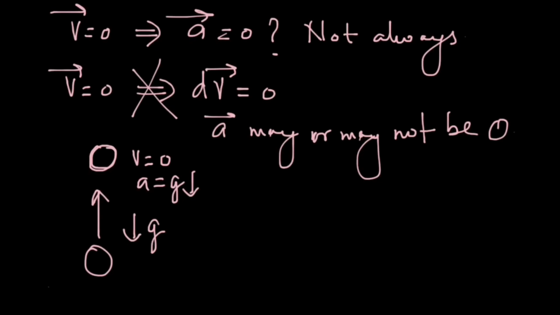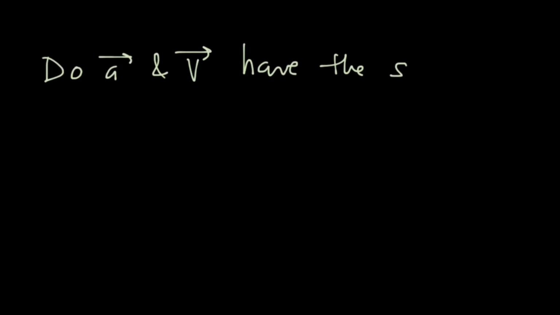What are the other questions that we can ask with this equation in mind? We can ask, do acceleration and velocity always have the same direction? Well, once again, the answer to this question is not always.